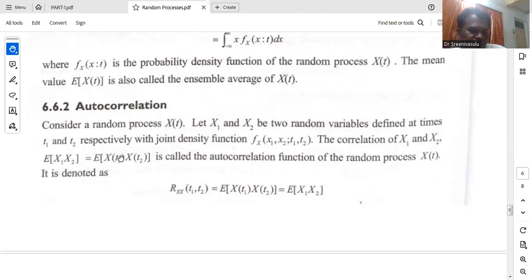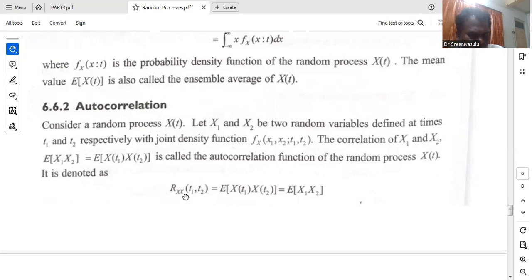This x of t1 is the random process at time t equal to t1, and x of t2 is the random process at time t equal to t2. This expected value is called correlation, and because it is of one random process, it is the autocorrelation. The autocorrelation representation is R.